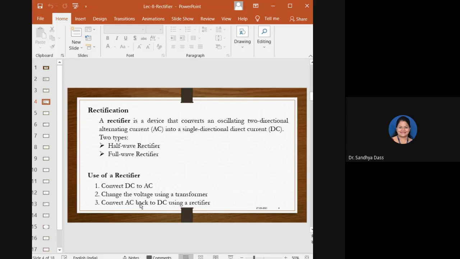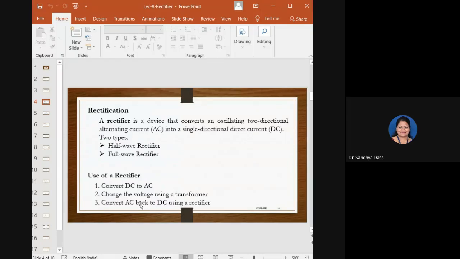What exactly happens in rectification is it involves a device that allows current to flow only in one direction. The semiconductor diode, which we have come across till now, is a device which will allow the current to flow through only in one direction, right? So that becomes the popular application of diode, that it is used mostly in rectifier circuits.